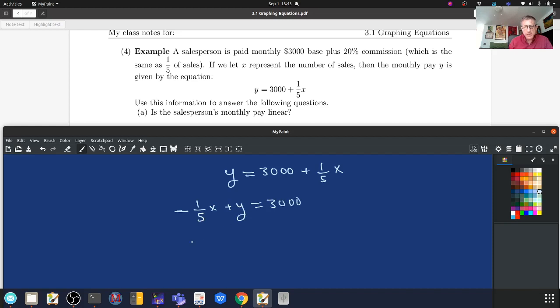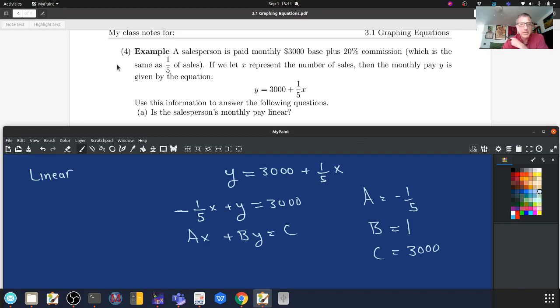And there I have it, ax plus by is equal to c, where a is equal to minus 1/5. b again is the coefficient to y, and it's 1, and c is equal to 3,000. So yes, linear. The answer to A is linear.